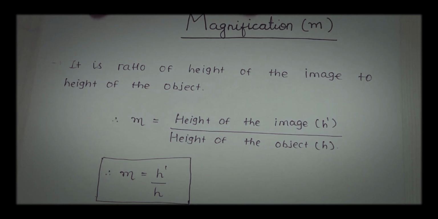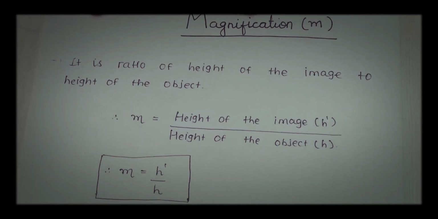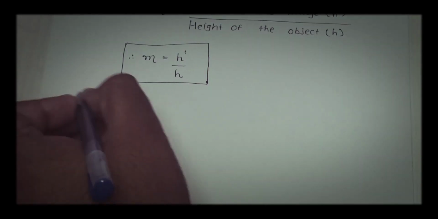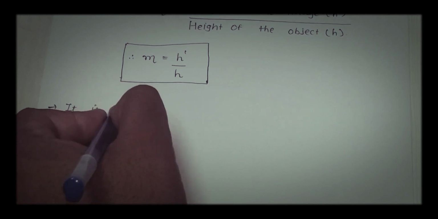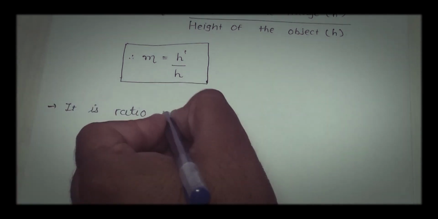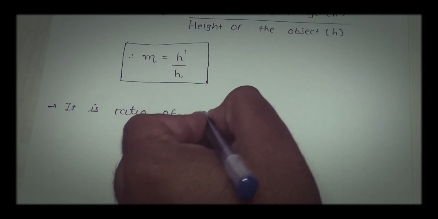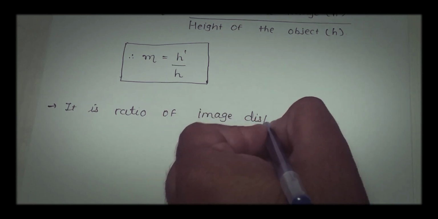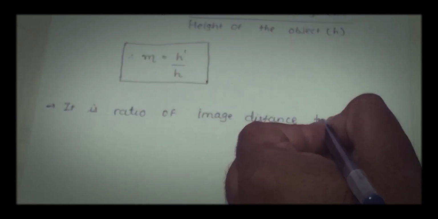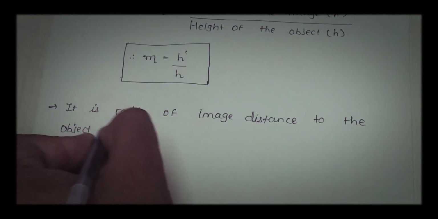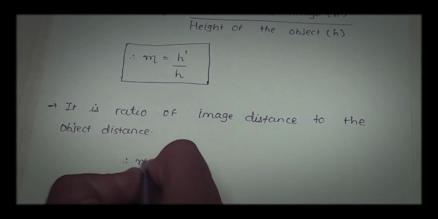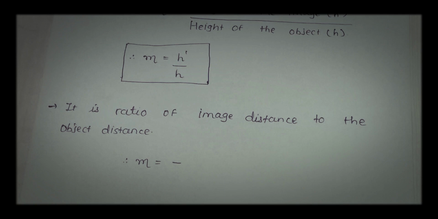Now the second definition is related to the distance. Here we can say that it is the ratio of image distance to object distance. So m is equal to, now here we apply a negative sign.